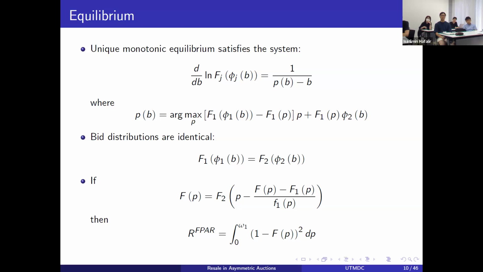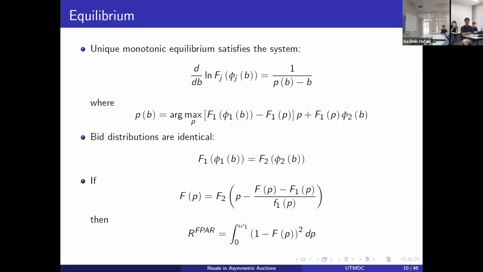We call this F, the symmetrizing F. It is not in closed form, in the sense that F appears on both sides, but you can at least solve this numerically very easily. It's a fixed-point kind of thing, but it has a very nice geometric interpretation. If you use this F, you can write down the revenue in first-price auctions with resale in a very simple form: the integral of 1 minus F of P, squared, dP.